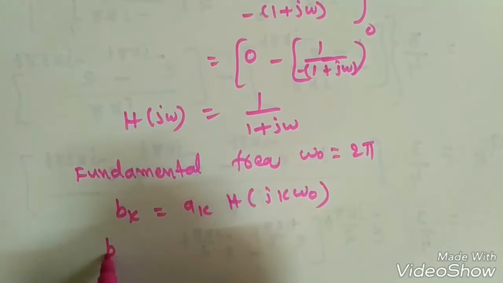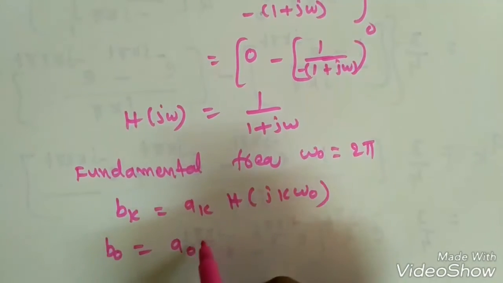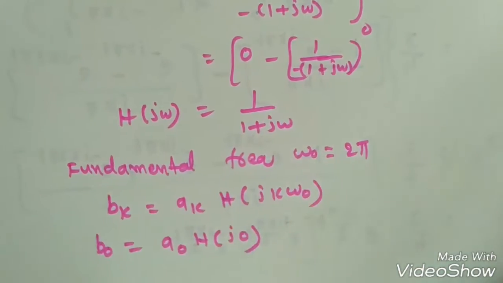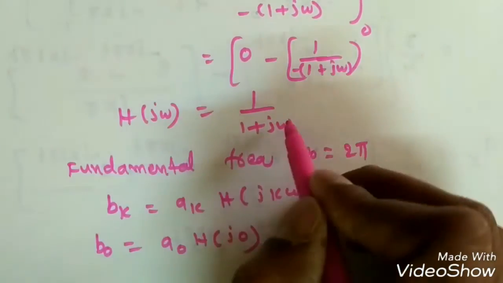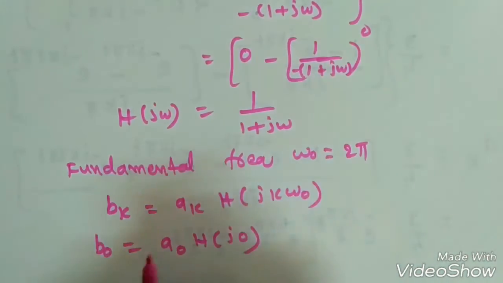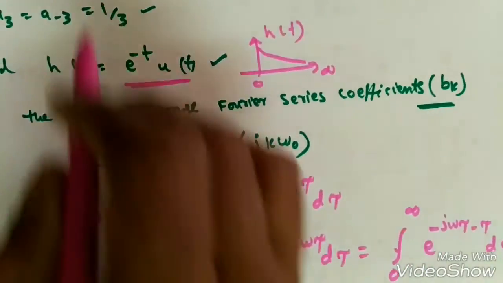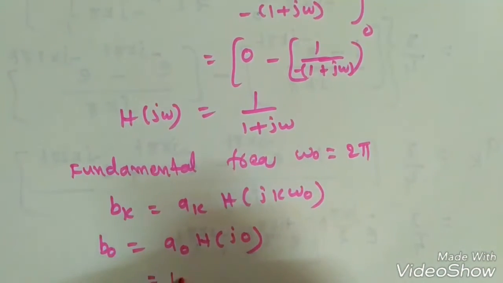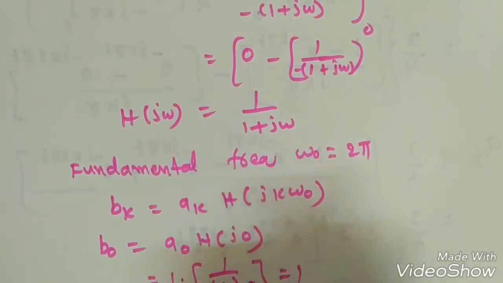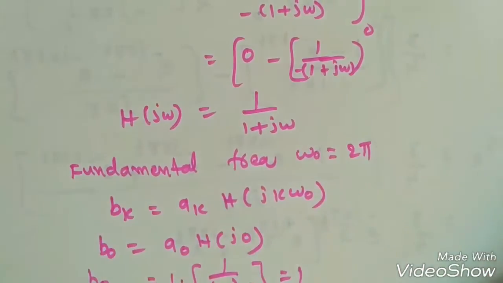Now first we need to find b naught. So b naught is equal to a naught into H of j 0. Now in omega place, if I substitute omega equal to 0, a naught is given as 1. So 1 into 1 by 1 plus j into 0. So simply 1. b naught is equal to 1.